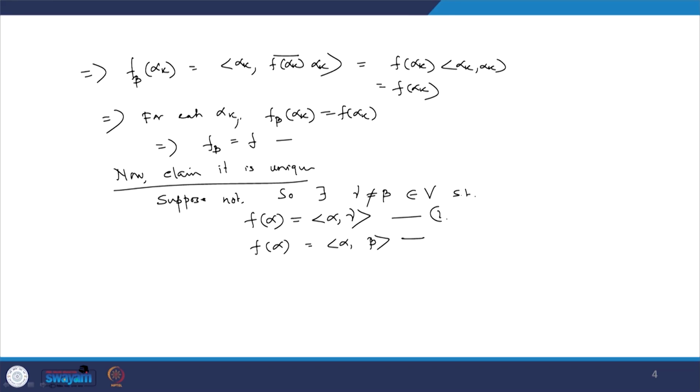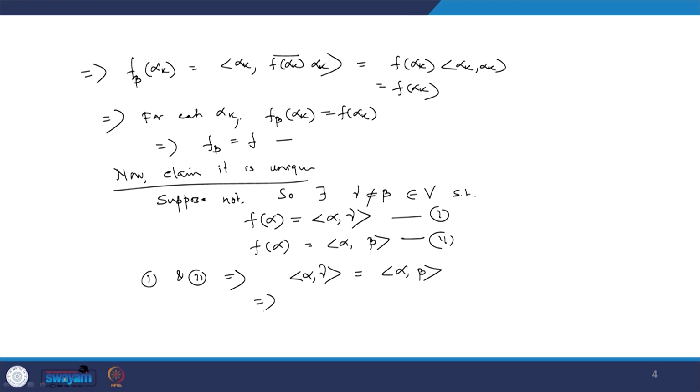So, one or two implies the inner product of alpha and gamma equal to the inner product of alpha and beta.